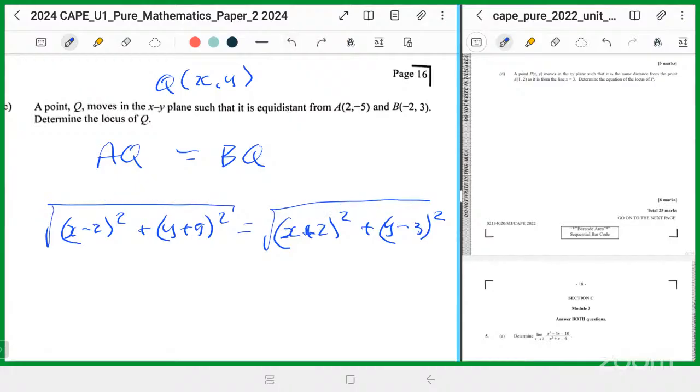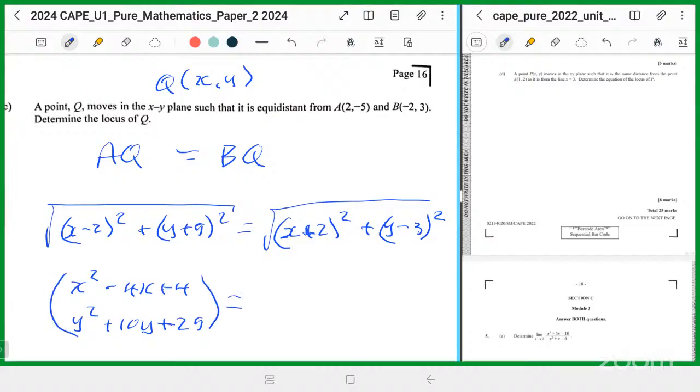If you expand this, you're going to get x squared minus 4x plus 4, and y squared plus 10y plus 25. That's what the left hand side will equal to.